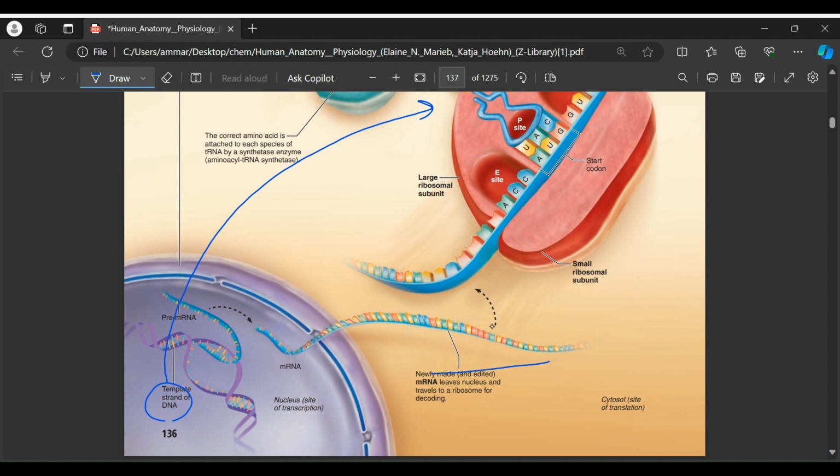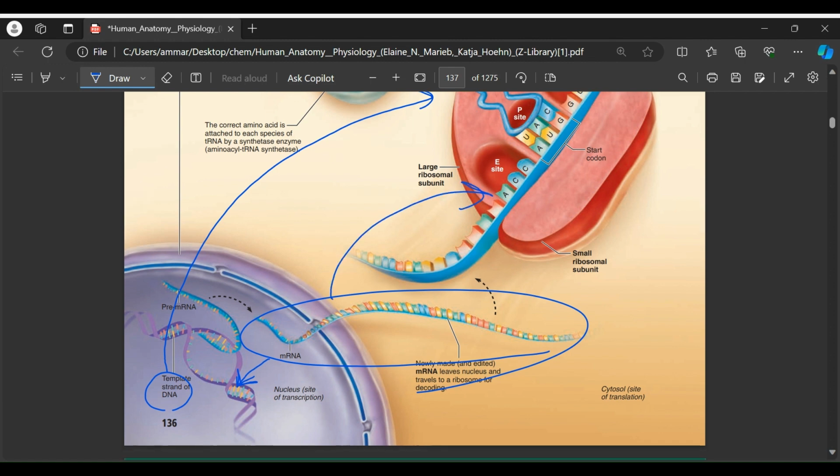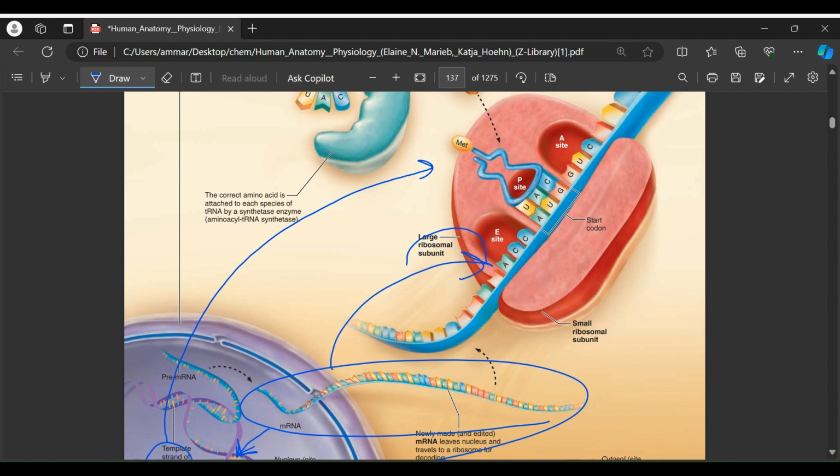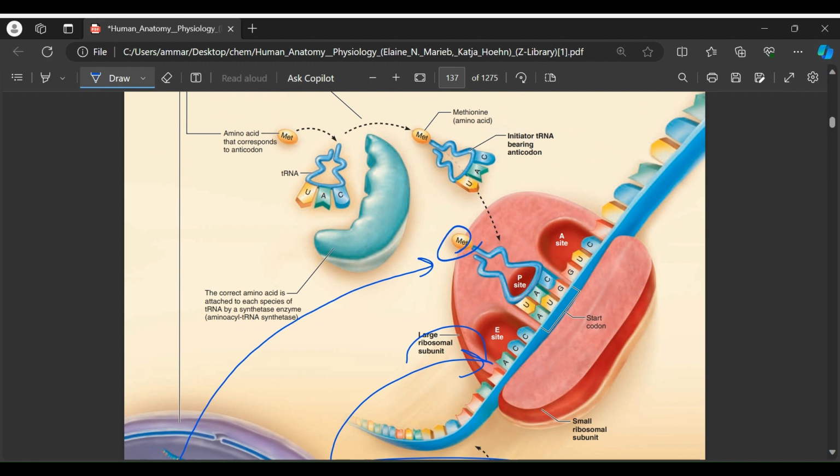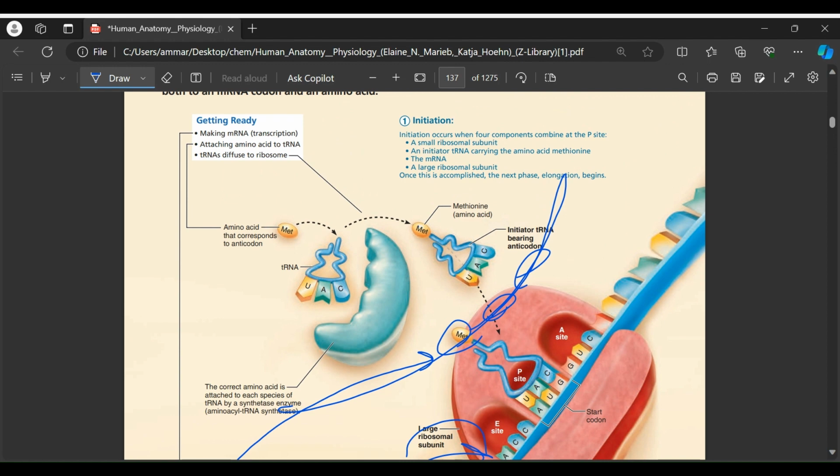So this mRNA, the messenger RNA, only got the information from here and sent it to the cytoplasm, cytosol, to the ribosomes in order to translate this information into an action, into amino acids that in turn will form the polypeptide chain which we want in the first place.